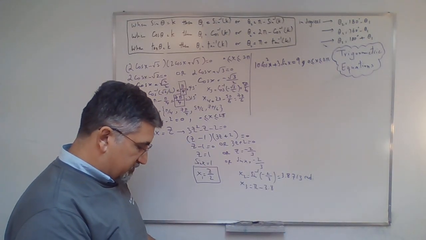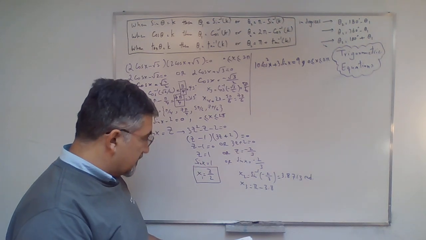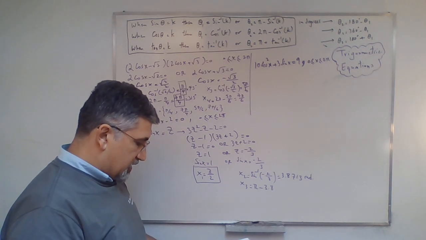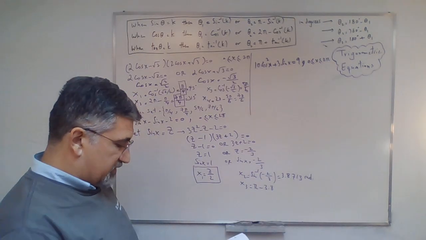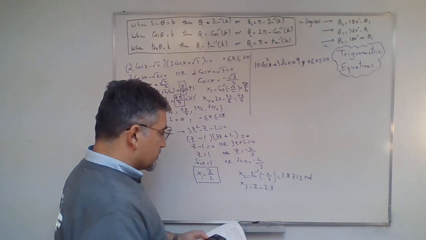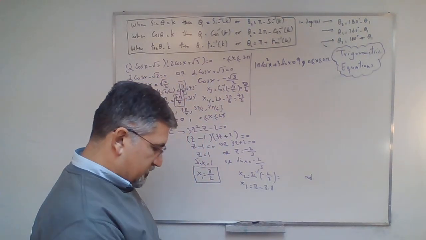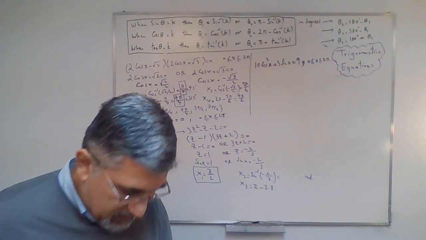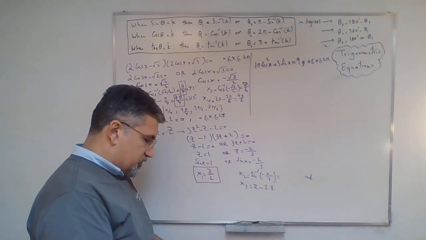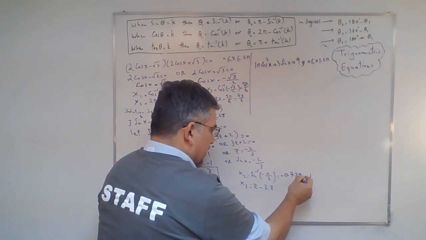So I'm finding inverse sine. Turn on the calculator. Inverse sine of negative 2/3. That is negative 0.729 actually. So see, it was not matching. So what I get here, to be exact, is negative 0.7297.